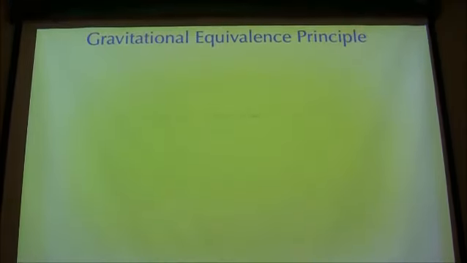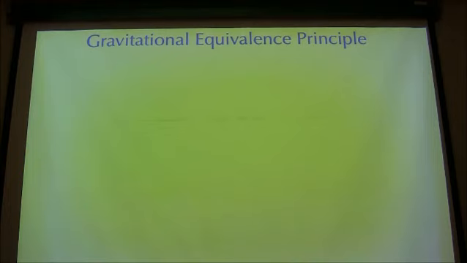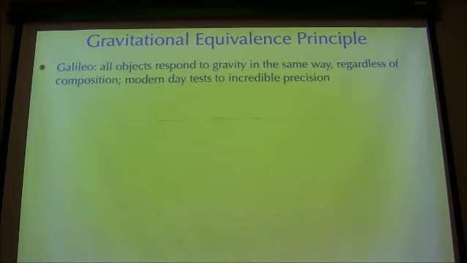I want to go to something else, which is the gravitational equivalence principle. And this may seem to be disconnected with what I just talked about, which is Lorentz invariance. But it goes back to a very old idea by Galileo, throwing stuff off the Leaning Tower of Pisa. And he observed that all objects respond to gravity in the same way, regardless of their composition.